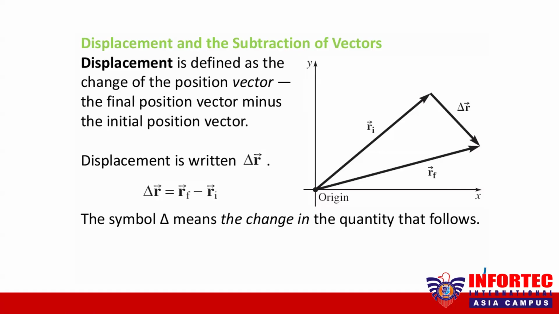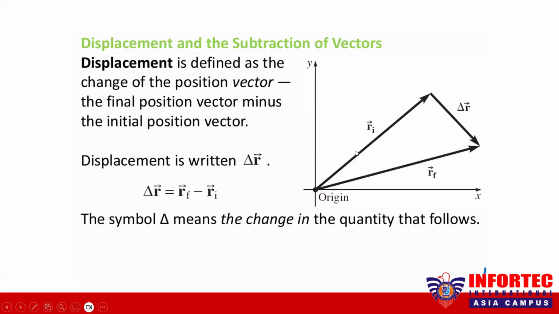The displacement between ri and rf we take as delta r. What is the meaning of delta? Mathematically, delta means change in the quantity. Change in a quantity is represented symbolically by delta. So delta r equals final position minus initial position, right? The displacement can be written as delta r equals rf minus ri.